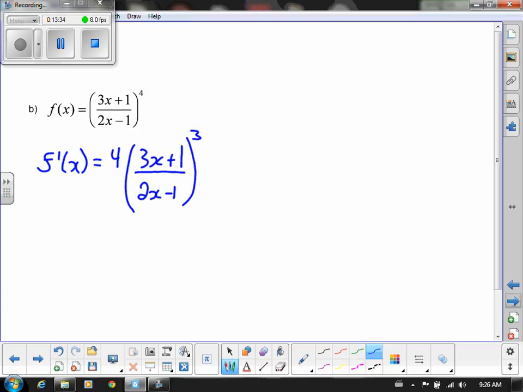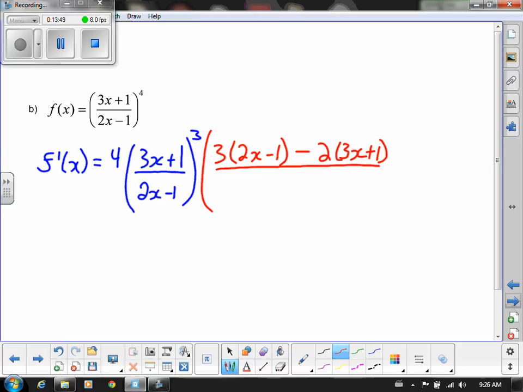Now on the inside, I have to do the quotient rule. So the derivative of the top is 3 times 2x minus 1, minus the derivative of the bottom times the top, all over 2x minus 1 all squared.